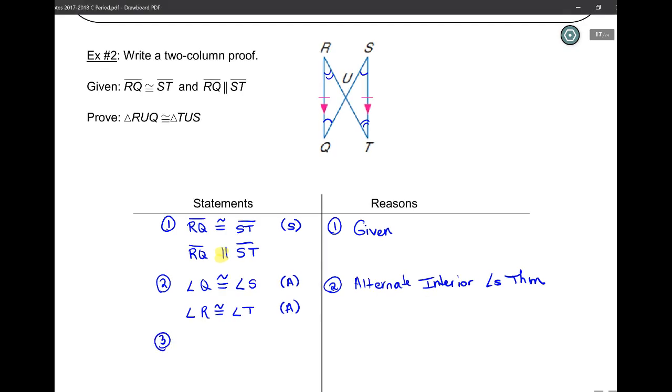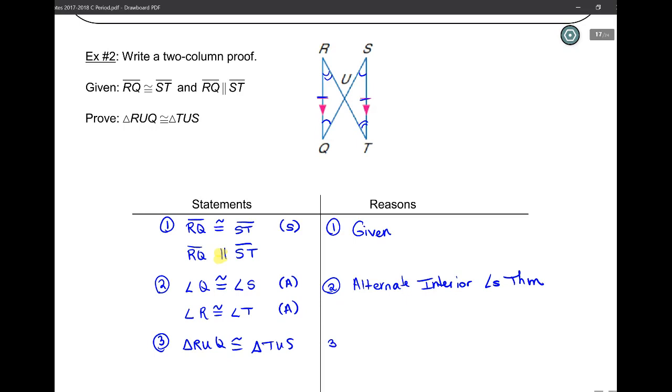So I actually have two angles and the included side, so I can make triangle RUQ congruent to triangle TUS. And my reason is angle, side, angle. Again, if you just look at one of our triangles, you can see, hopefully, you have the two angles and the side is included.